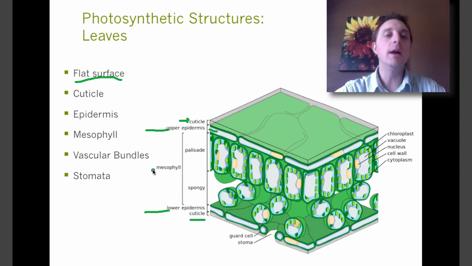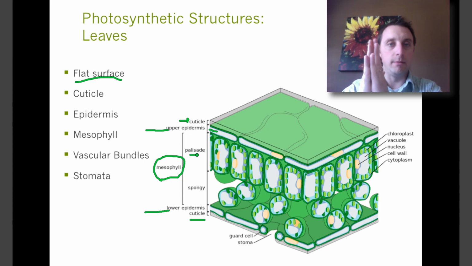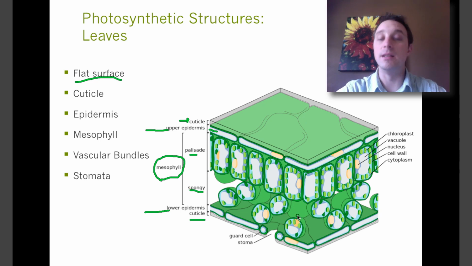And then in the middle, there's a layer of cells called the mesophyll layers, and it's divided into two different types. The palisade mesophyll, which is these cells going straight up and down, tight next to each other, and then the spongy mesophyll, which has a lot more air spaces in between.